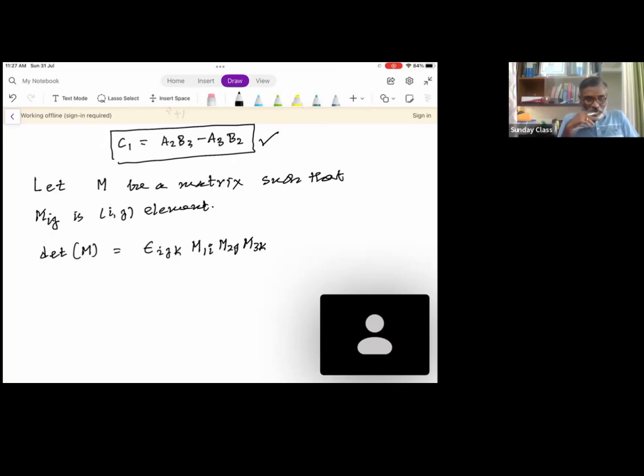How many terms will be there? Because i, j, k are all three dummy indices, the whole thing will be a scalar.